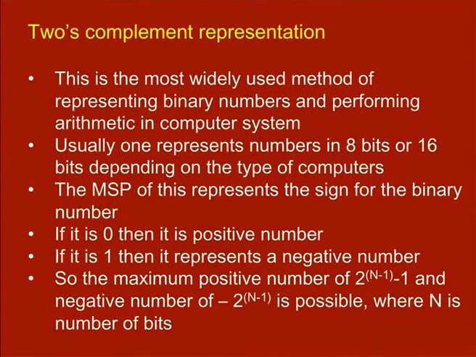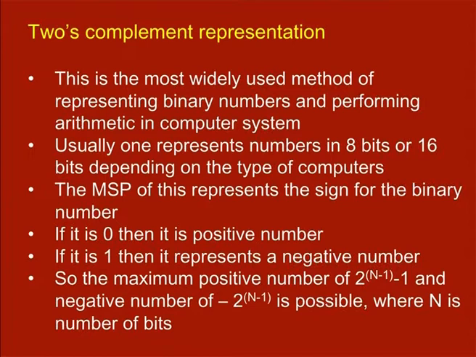Now, let us discuss twos complement representation. The most widely used method of representing binary numbers and performing arithmetic in computer systems is twos complement representation. Usually one represents numbers in 8 bits or 16 bits depending on the type of computer. The MSB represents the sign of the binary number.